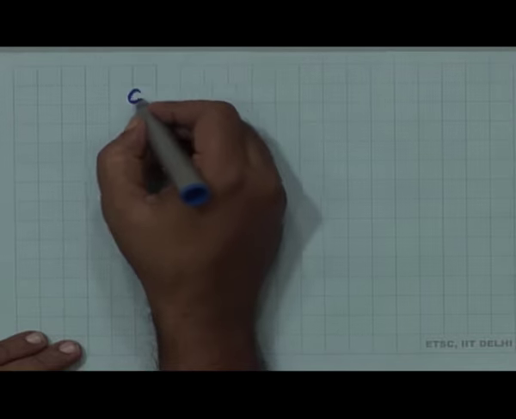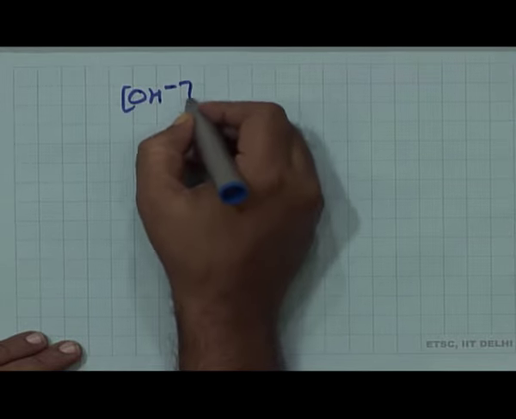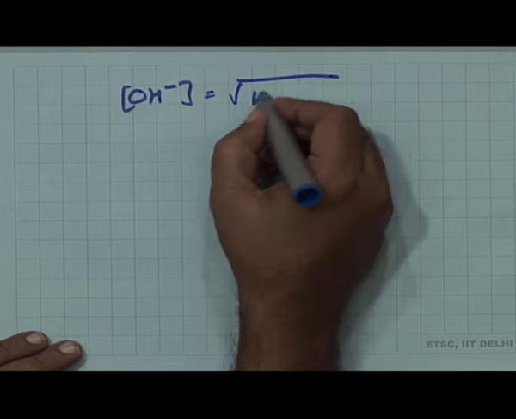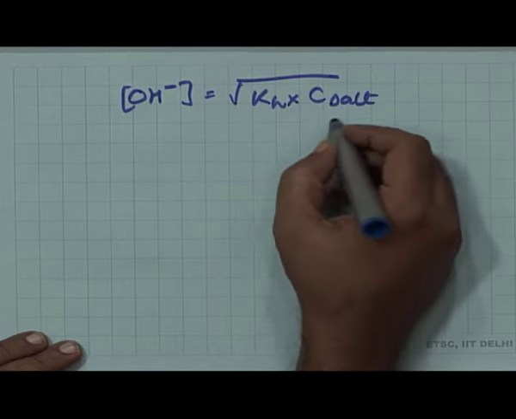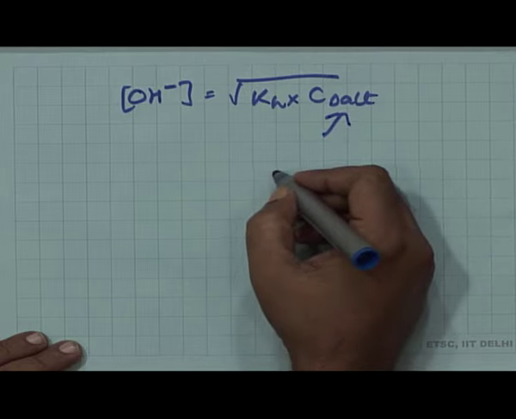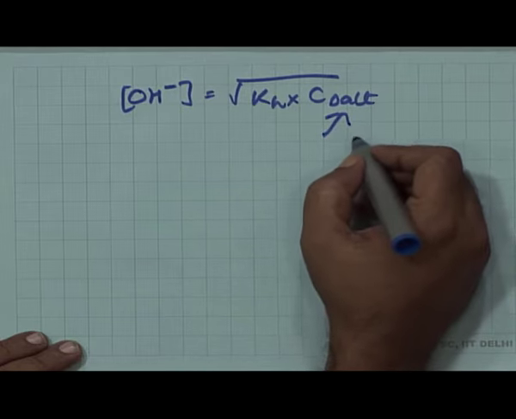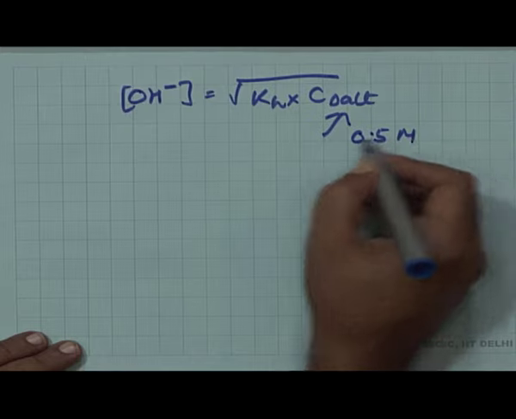Now, OH minus ion is equal to the square root of Kh into C salt. C salt is given, this is your 0.5 molar.